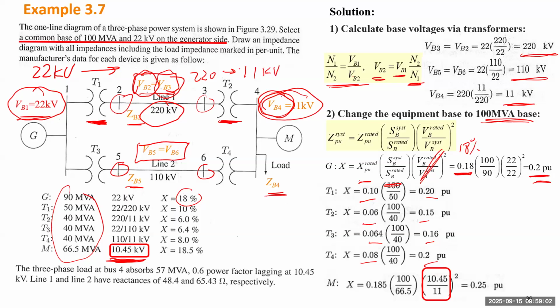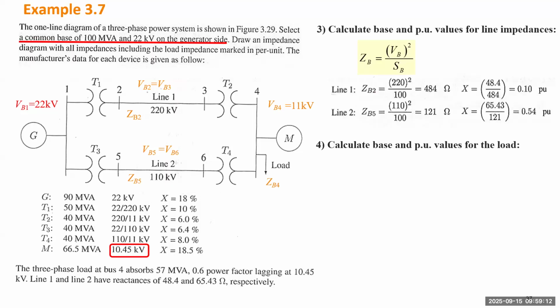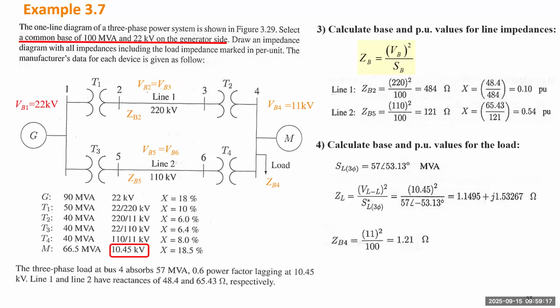So that will also need to update the transformer per unit value. Next we can calculate the impedance base value for both lines and the load. Then we can calculate the per unit value for the line and load.